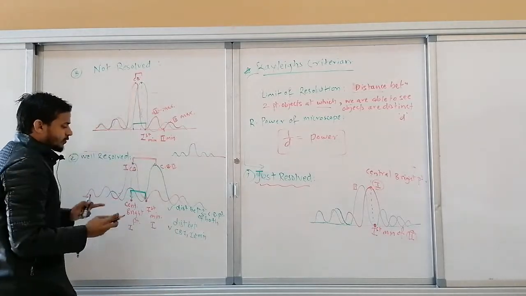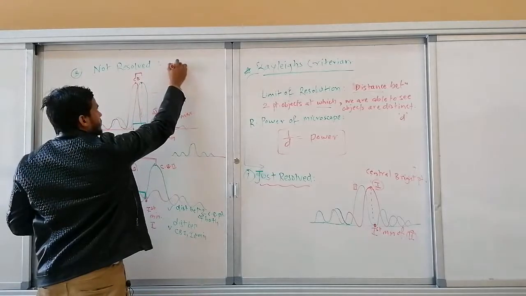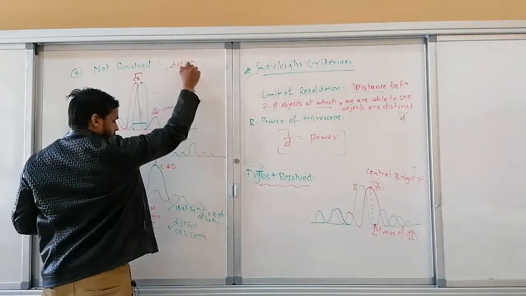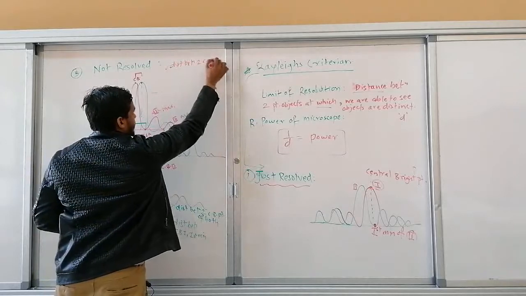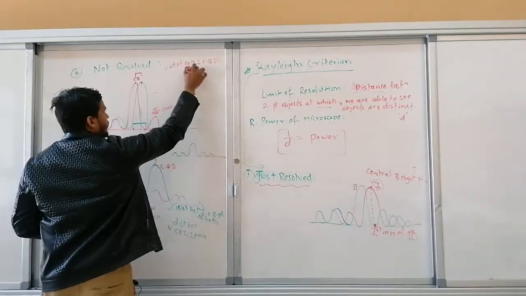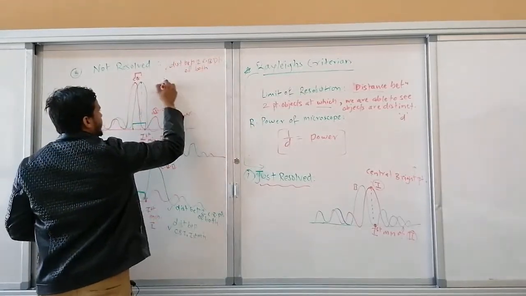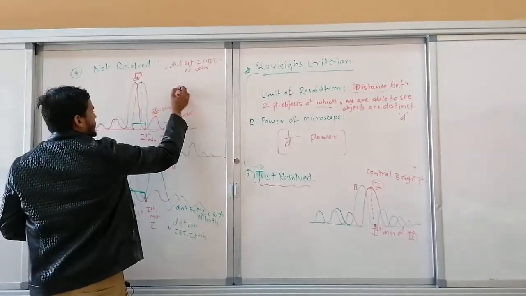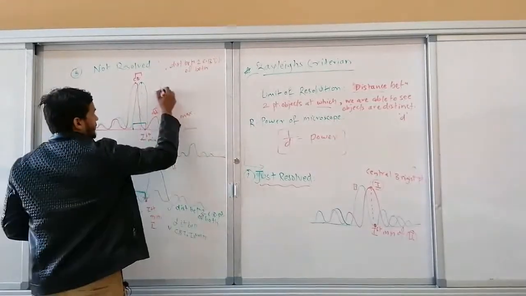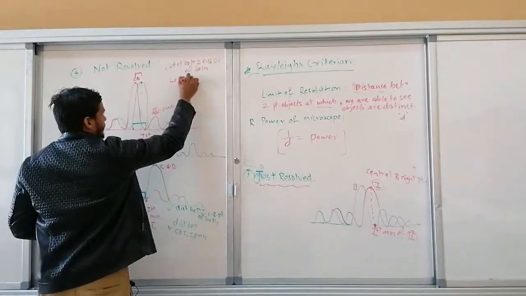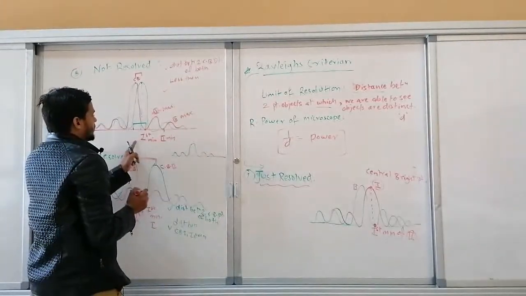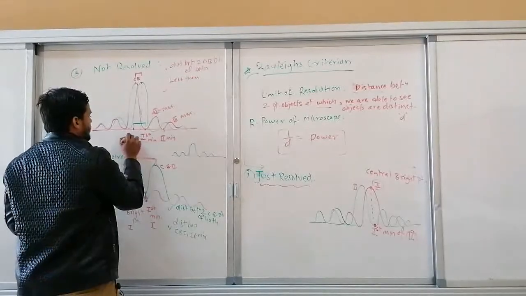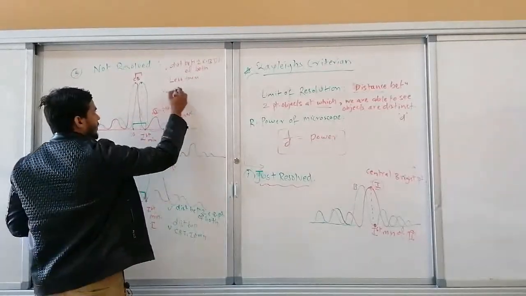So here what you will say: the distance between two central bright points of both the waves or both the diffraction patterns is less than what? What is this? Central bright point. What is this? First minimum.